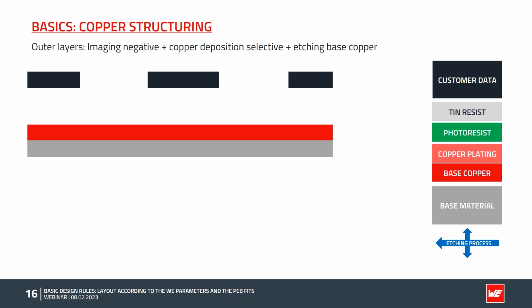The next step is we need again a resist, and this time negative. So your customer data in black and our photoresist in green. This time that's a negative process. So we have to protect the base copper in the spacing areas.